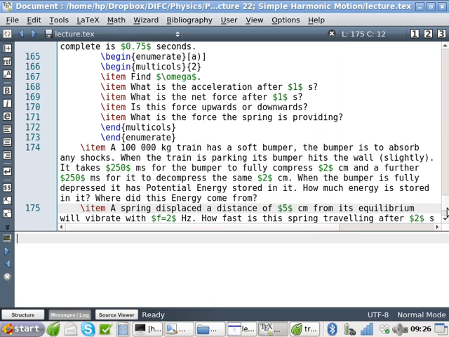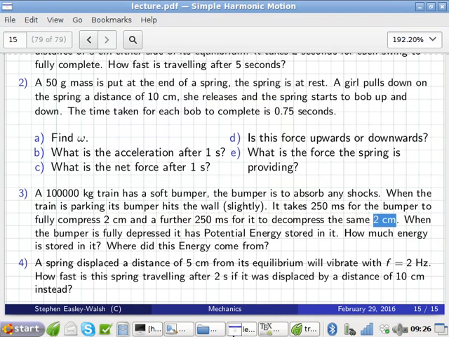Okay, next one. A spring is displaced 5 centimeters and it vibrates with 2 hertz. How fast is it going after 2 seconds? It was displaced a distance of 10 centimeters instead.